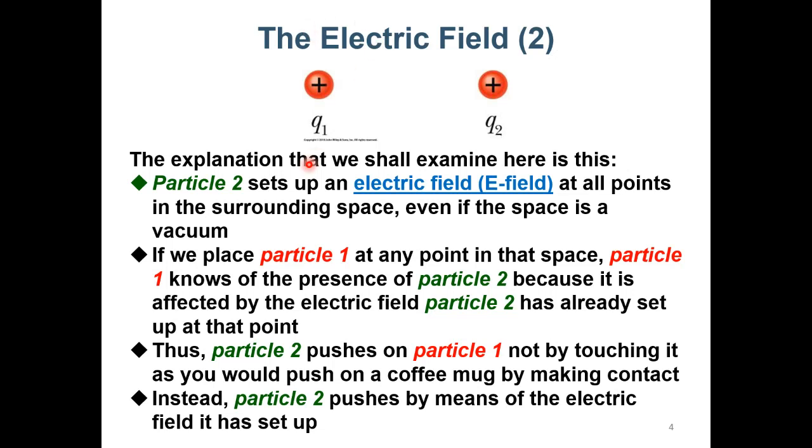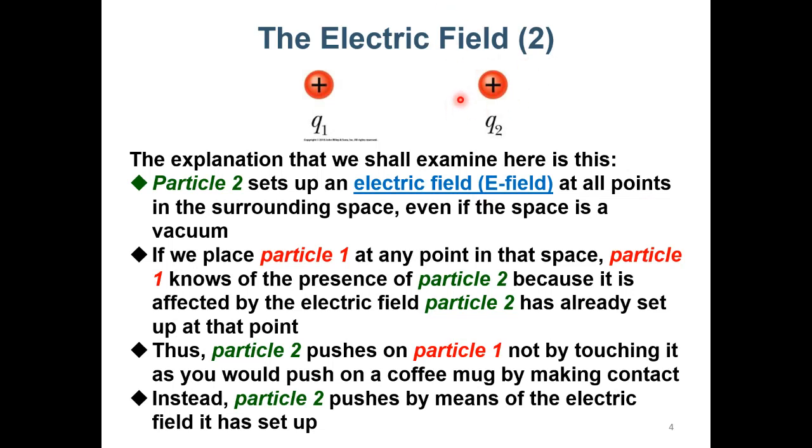Okay, the explanation of this is that particle 2 sets up an E field, or electric field. Maybe I'll say E field is simpler to say. At all points in the surroundings, which means that when Q2 is there, it sets up a field in the whole space around it.